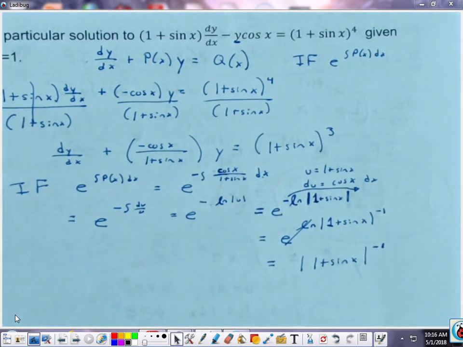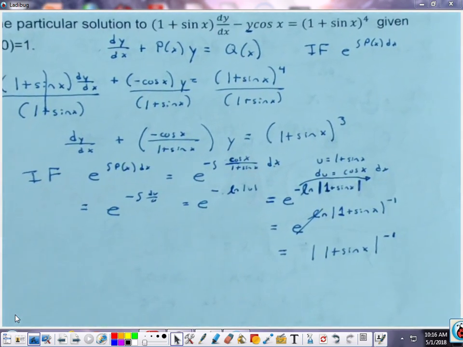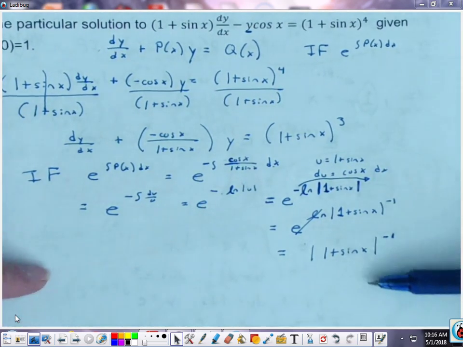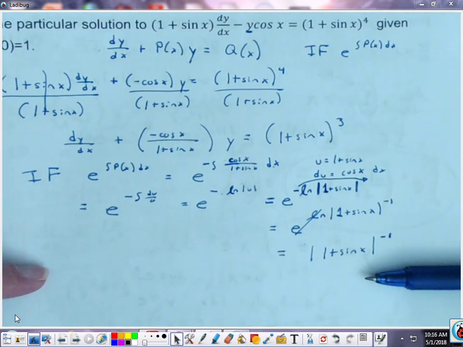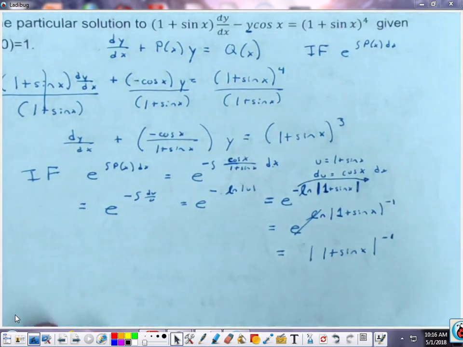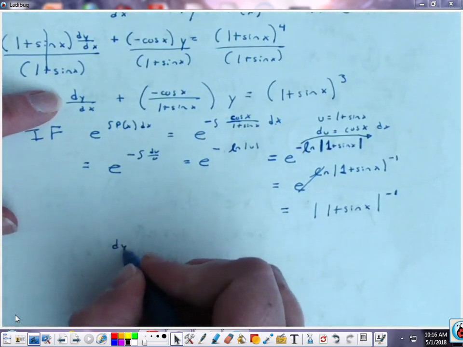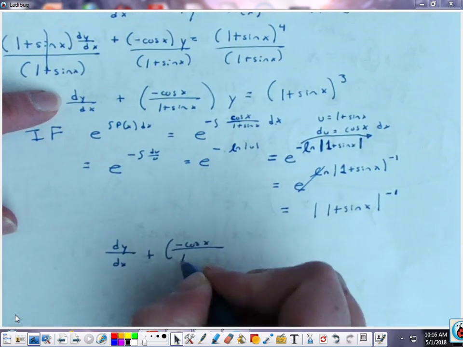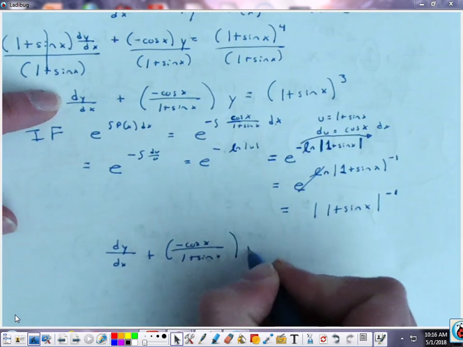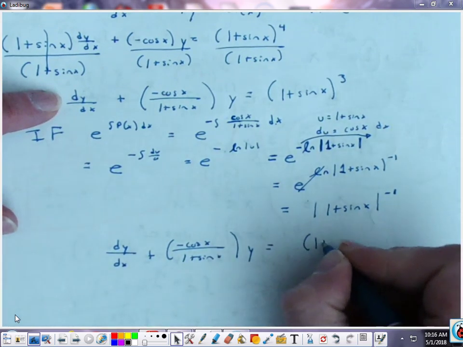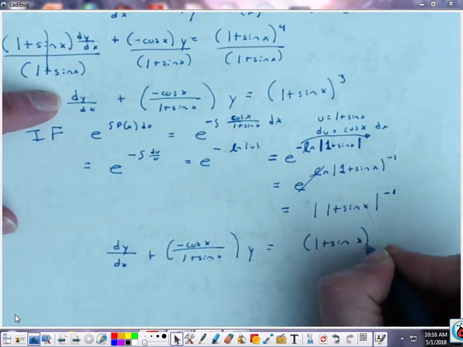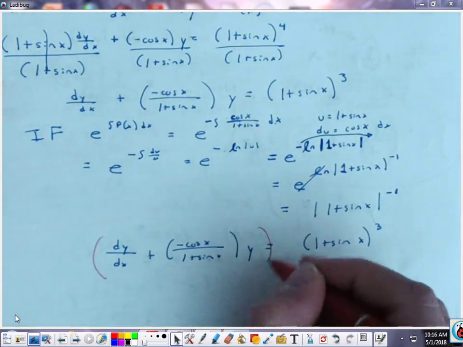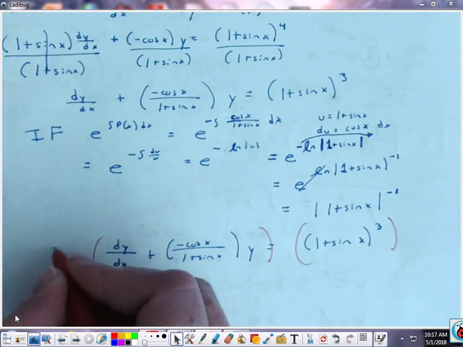Okay, so now I need to multiply both sides of the equation by that. Now I can do it right here, or I can write the whole equation again and multiply both sides by it. Okie dokies. Alright, so this is just the same thing I had. Okay, that's just the same thing, and now I'm multiplying both sides by the integrating factor.